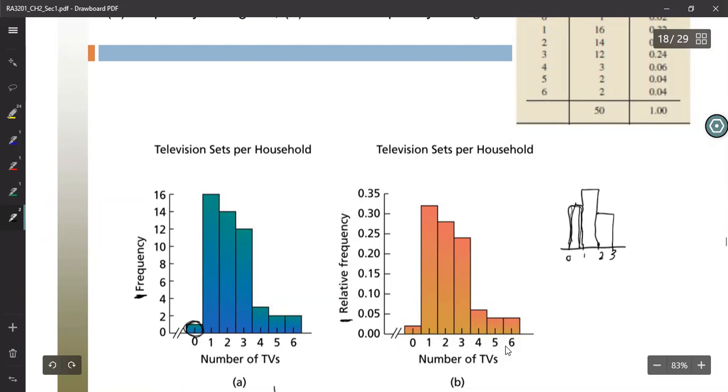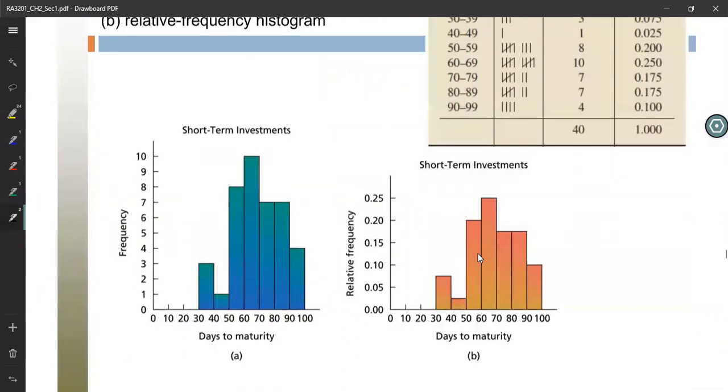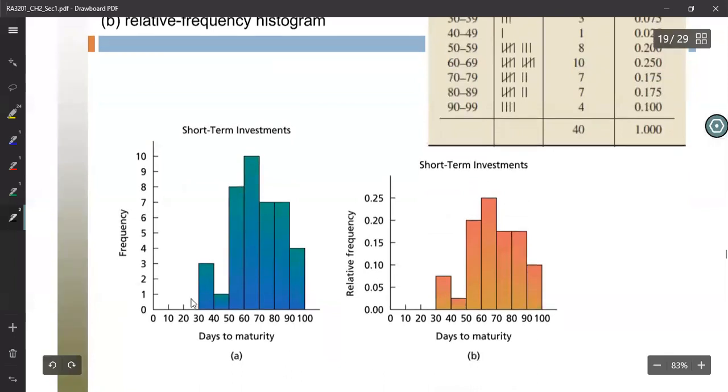It will make you confused. So this is how you draw the discrete cases. But when it comes to the continuous data, now you have the intervals. So your bars will be whatever the interval, 30 to 40. Now you don't put a tick in between, but you use the whole interval.